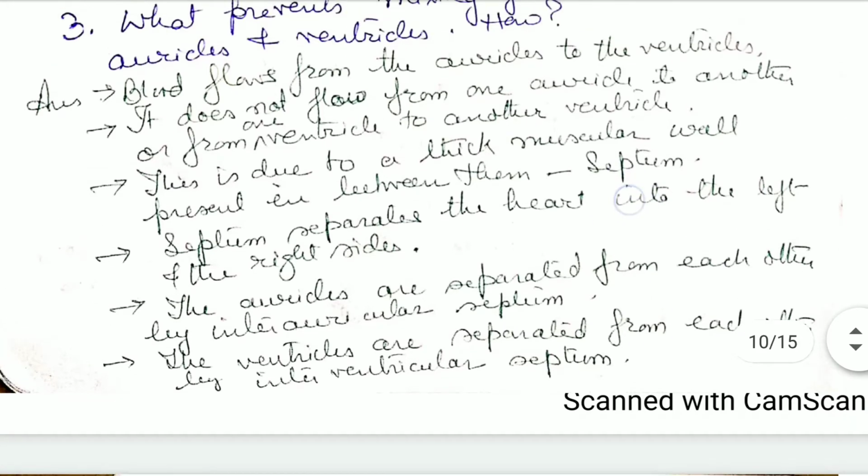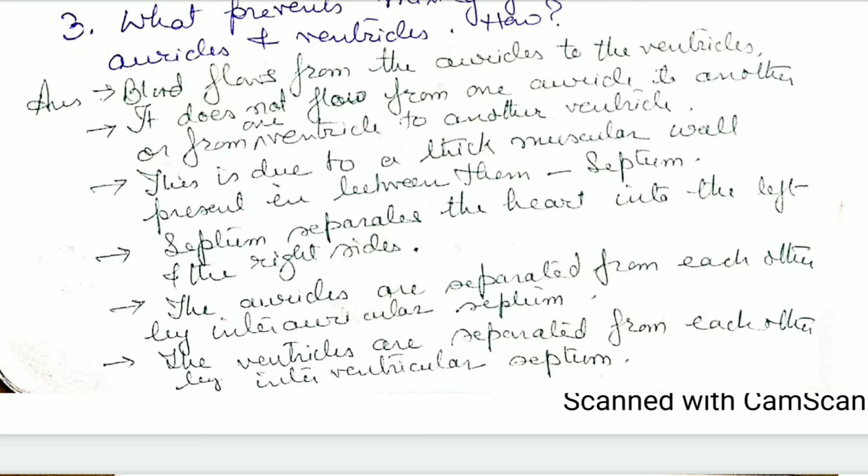Okay, so blood flows from the auricles to the ventricles, we know that. It does not flow from one auricle to another or from one ventricle to another ventricle. So this mixing, that is the intra-auricular transport of blood or intraventricular transport of blood, is prevented by the thick muscular wall which is present in between them.